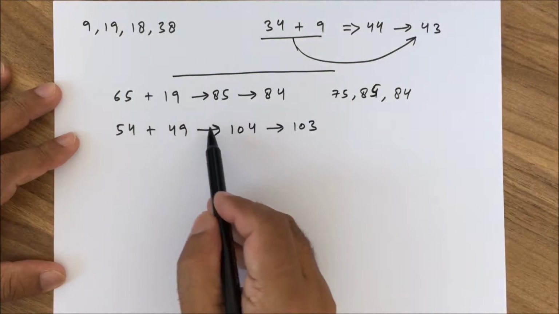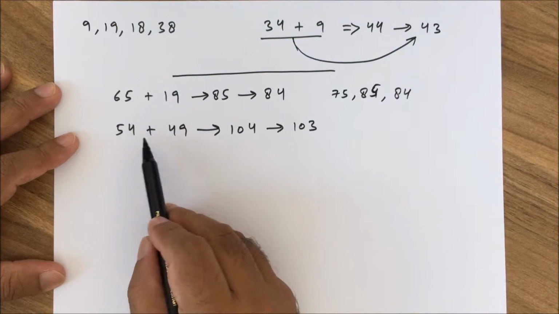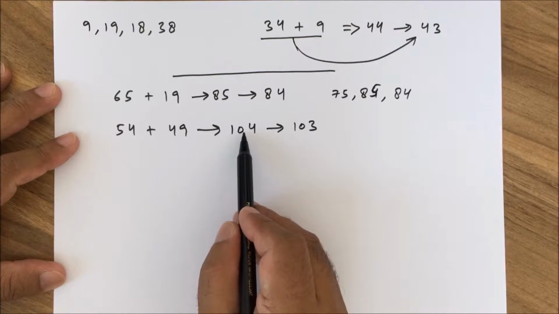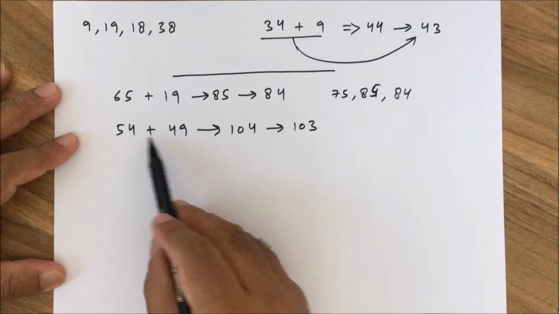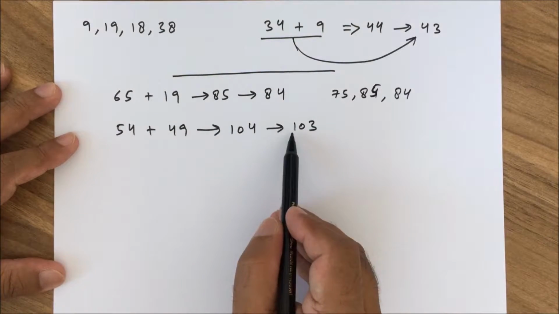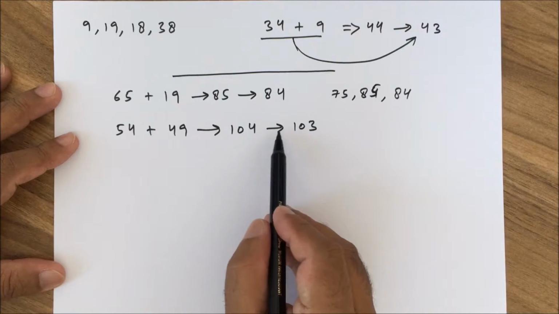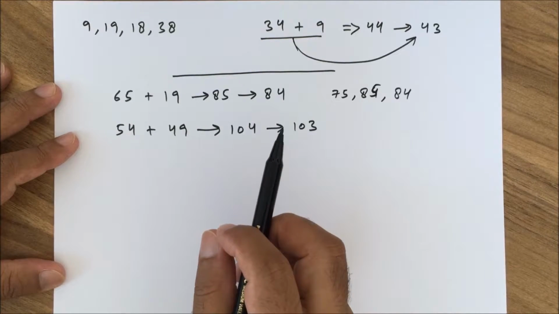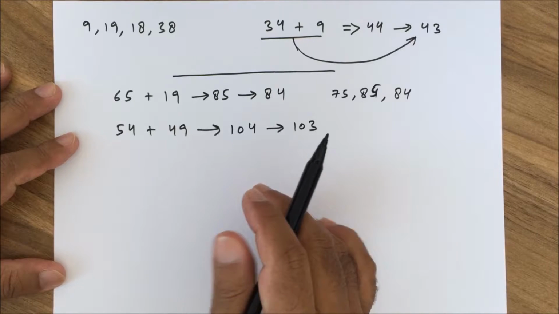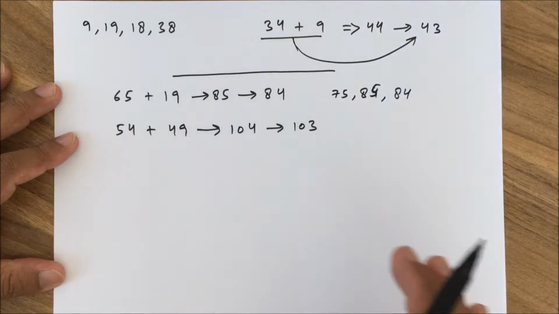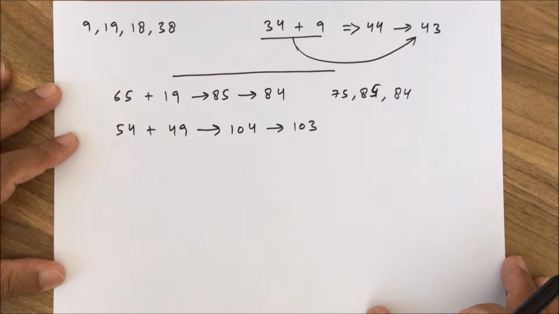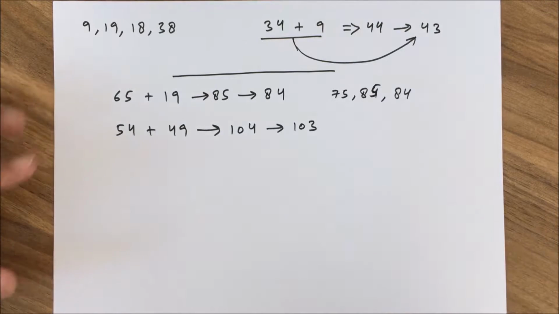I put arrows because 54 plus 49 is not equal to 104, but in your mind it should be right away 104 and then 103. With a little practice, this process of thinking is so fast that before grabbing your calculator, or before some other person grabs the calculator, you will get the answer. Do this practice and then we'll move on.